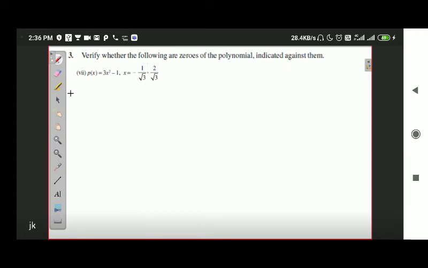So for this question, we have p(x) equals 3x square minus 1. We have to check whether the given values of x, one is x equals minus 1 upon root 3, and another is x equals 2 upon root 3, are the zeros of the given polynomial.